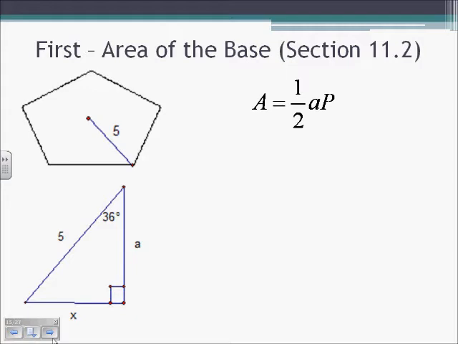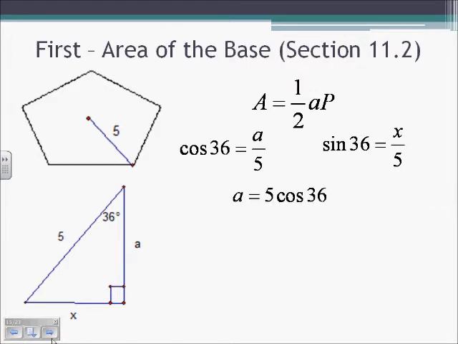since the apothem is adjacent, and we know that half of our side length, or x as we labeled it, is going to be 5 times the sine of 36, which we can get from these two formulas here. Cosine of 36 is going to be adjacent over hypotenuse, a over 5. Sine is opposite over hypotenuse.